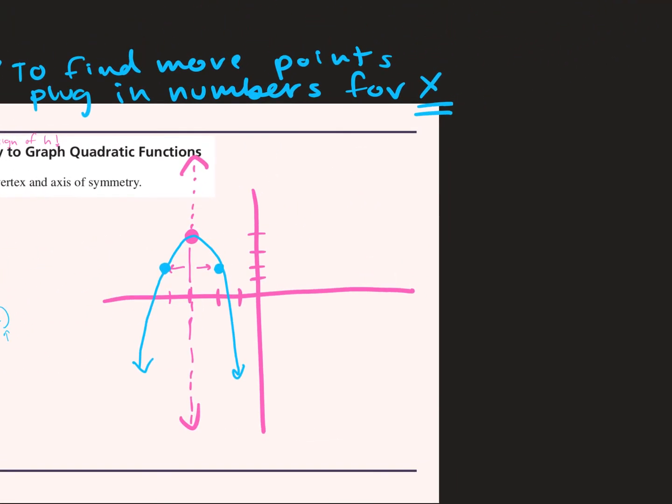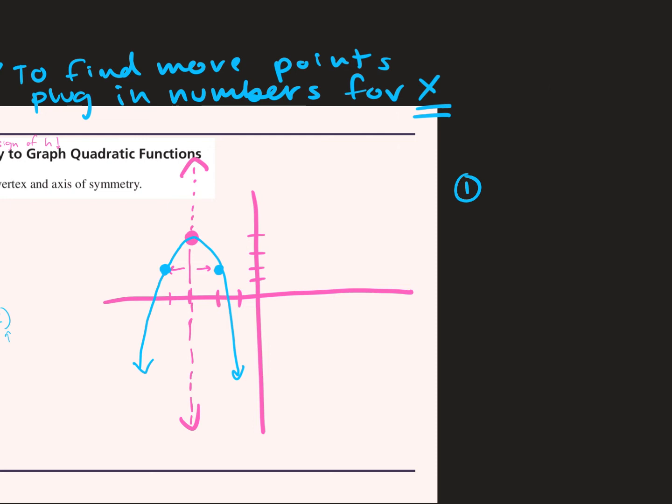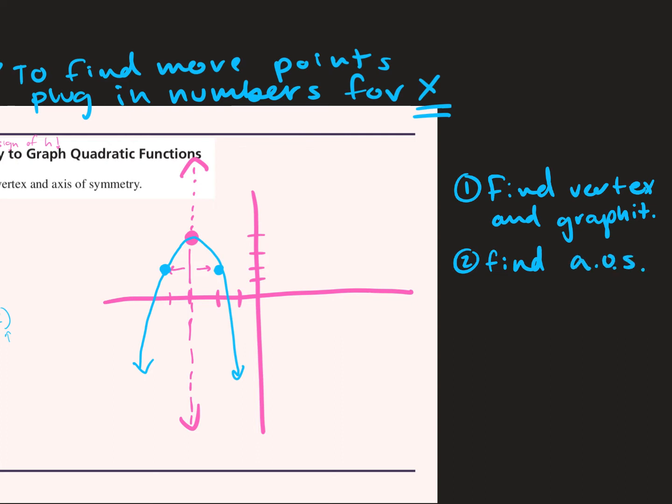All right, so step 1 is to find the vertex and plot, and graph it. Step 2 would be to find the axis of symmetry. I'm going to call it AOS for axis of symmetry, and graph it.